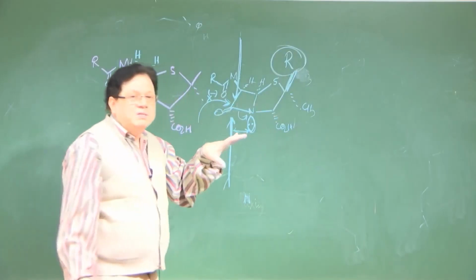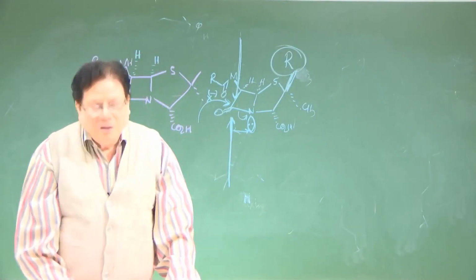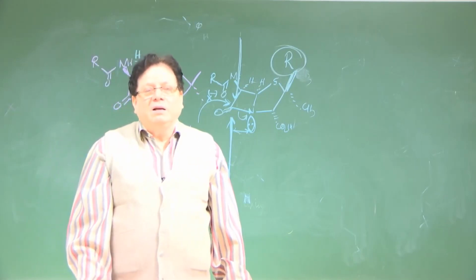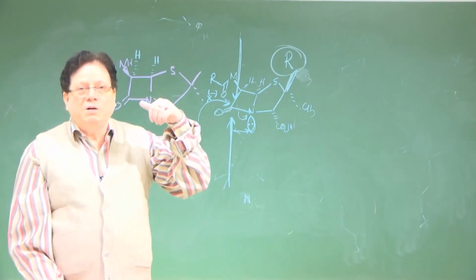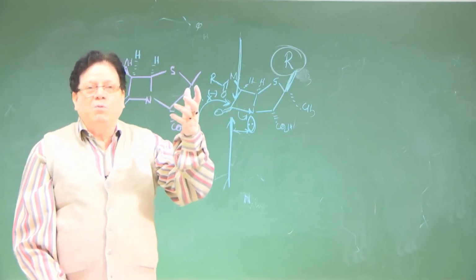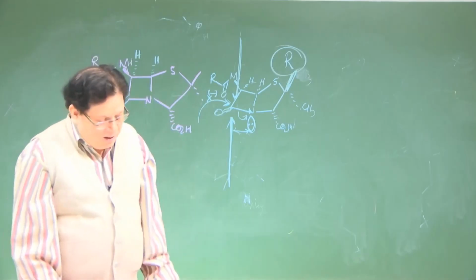So, that kind of helps our reasoning based on the stereoelectronic factor, that the nucleophile is approaching from the top, and if you make the top more crowded, the activity goes down. Okay.